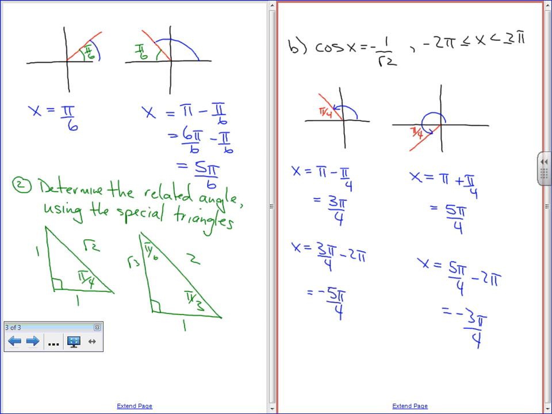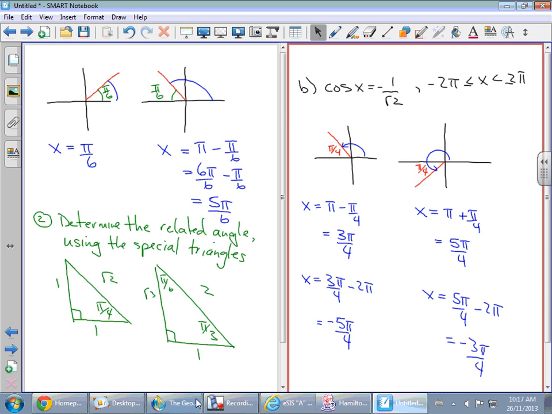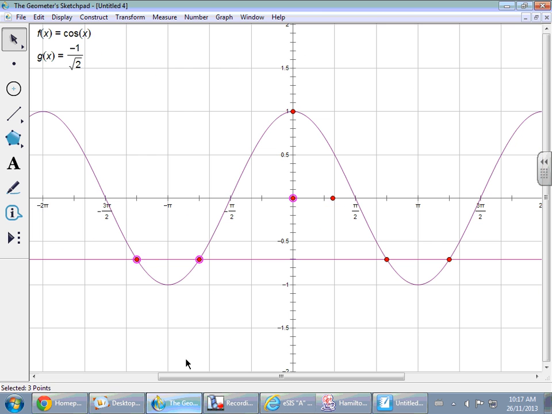And that's my second answer for my second primary root, which gives me a total of 1, 2, 3, 4 roots to this equation. And we saw that in the graph because we look back at the graph, there's 1, 2, 3, 4.